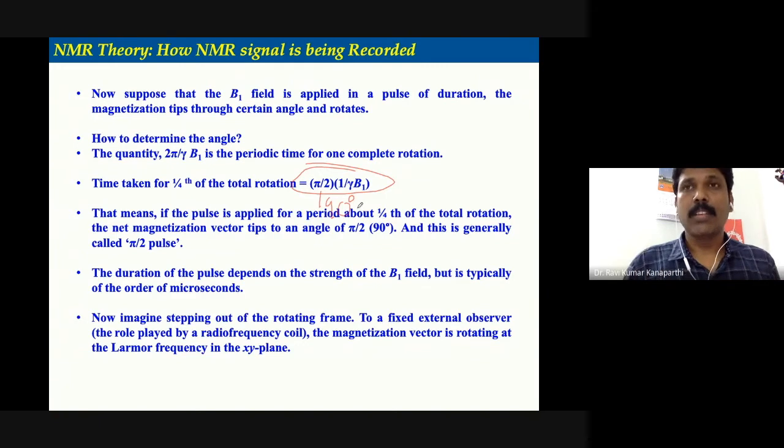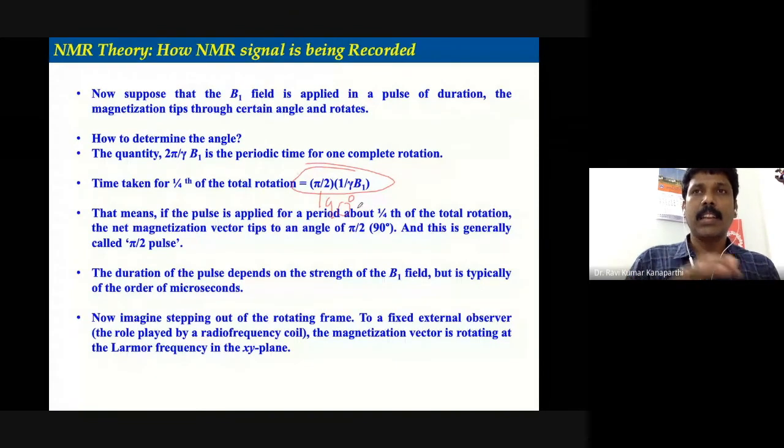Now, typically in an NMR experiment, for recording a one-dimensional NMR spectrum of any compound, this is what is done. You place the sample in an external magnetic field, and you apply the radio frequency pulse. This pulse duration is typically 10 to 12 microseconds. What is a pulse? It is the circularly polarized radio frequency applied for a certain amount of time.